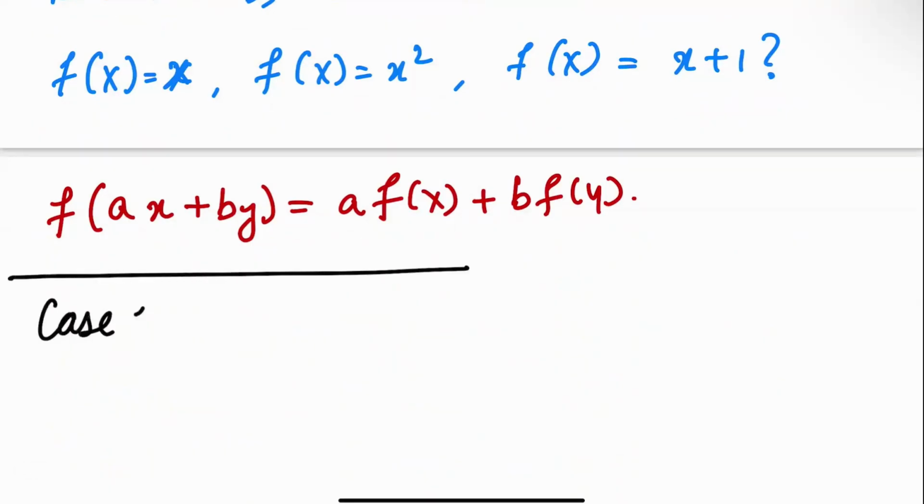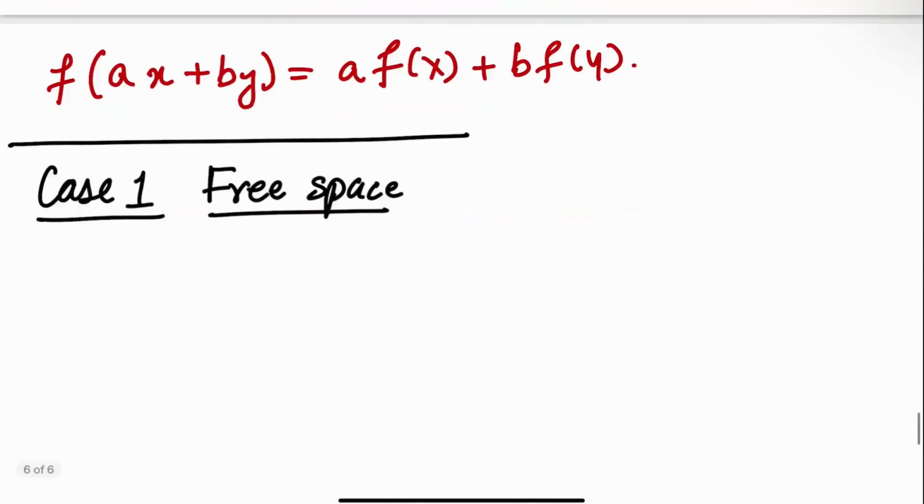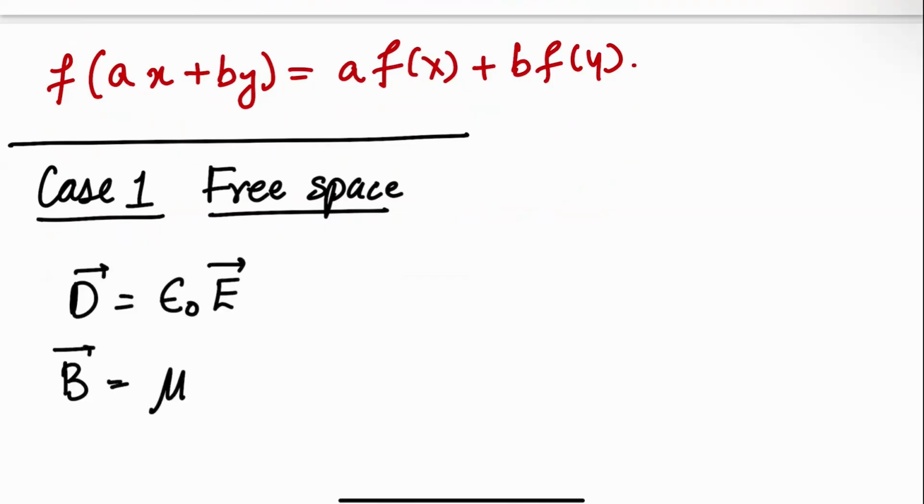Case one is the simplest case, which is free space. In free space, D is epsilon naught E, and B is mu naught H. So those are how they're related. Maybe you've seen this before.